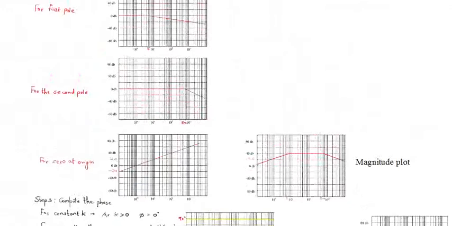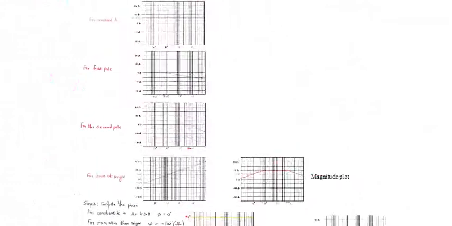I think the k of the system is still missing. Let us make it properly. Yes, now I have covered all the cases. I have a total of 4 magnitudes, friends. One is for constant k, another is for the first pole with omega n1 of 5, another is for pole 2 having omega n2 as 500, and the fourth curve is for 0 at origin, which has the characteristics as shown here.